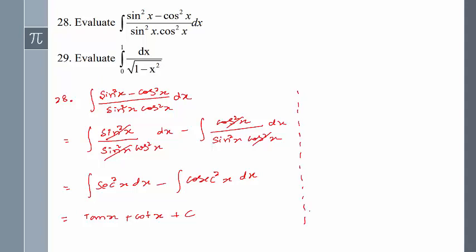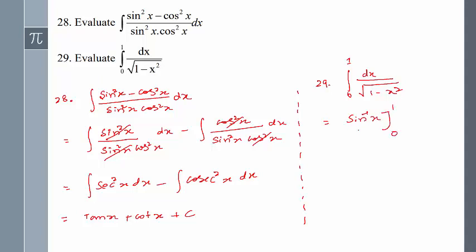Now we can go for problem number 29, that is the integration from 0 to 1 of dx divided by root of 1 minus x square. So already we know that the integration of dx divided by root of 1 minus x square is sine inverse x.